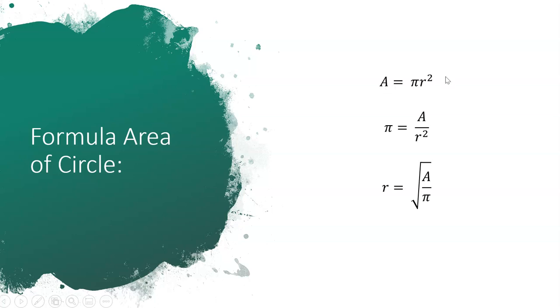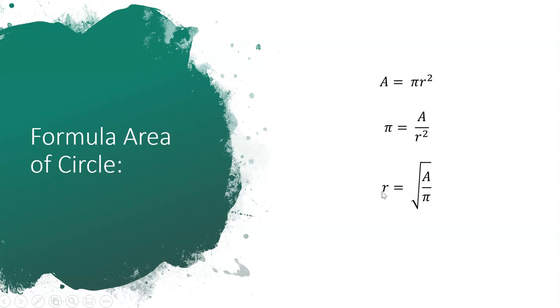Cool. However, sometimes we have to rearrange that, because sometimes we're given an area and we might be given our radius, okay, and we need to work out pi. Or we're given our radius, we're given our area and we're given pi, so we might have to find out our radius. So we need to know how to rearrange our formulas.